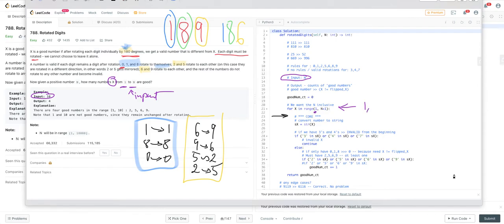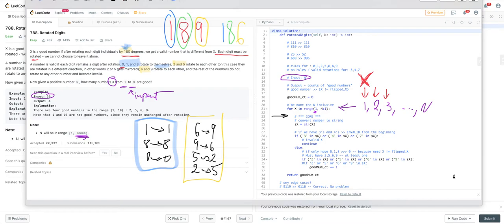So we've got 1, 2, 3, all the way to n, and n can be up to 10,000. Then our job is to loop individually through each and say, is it good? In this particular case, it's actually not good. So now we get to what defines good.